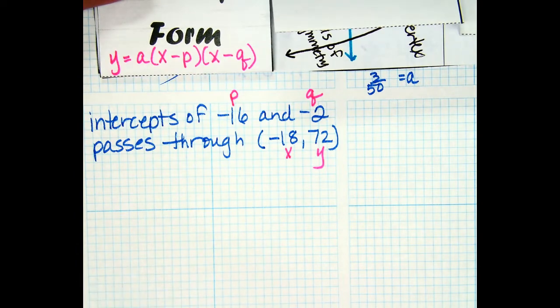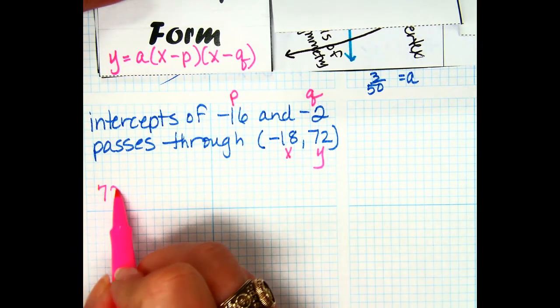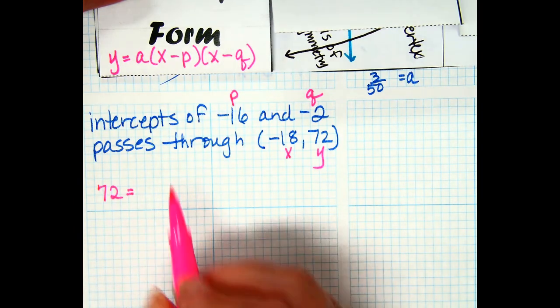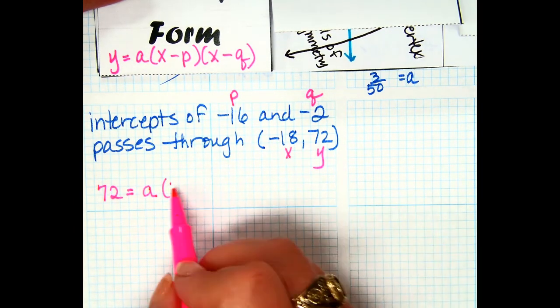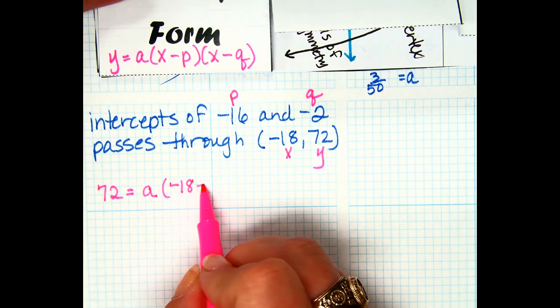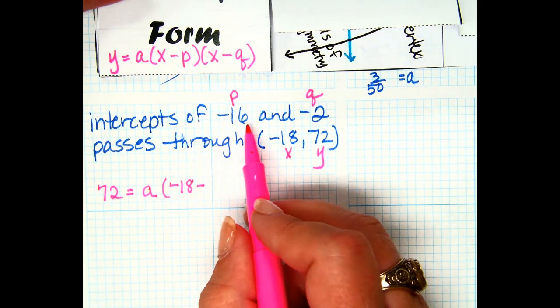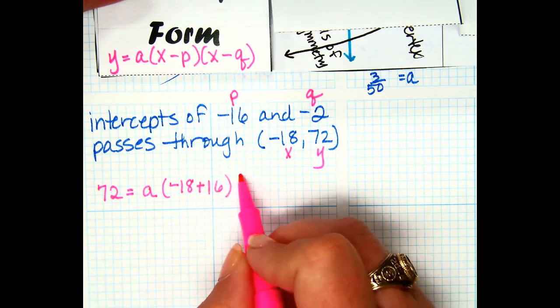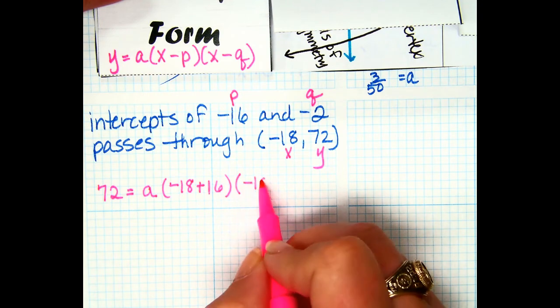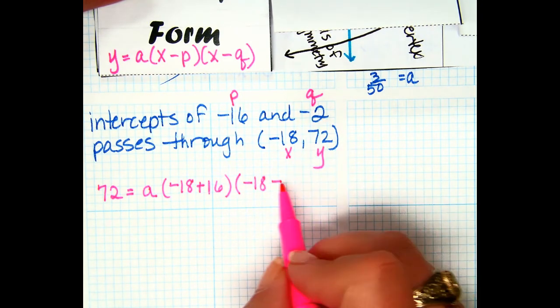A. So let's find A. Okay? So Y, which is 72, equals A, which is what I don't know. X is negative 18 minus P, so minus negative 16. So plus 16. And X, which is again negative 18, minus negative 2.